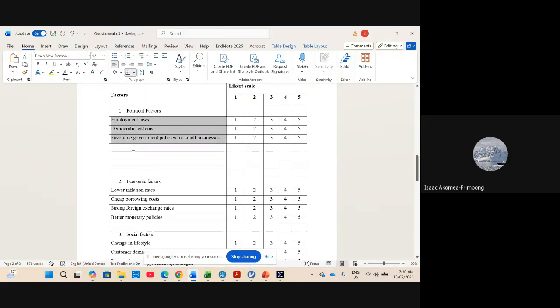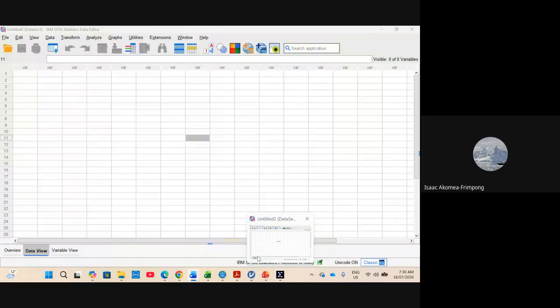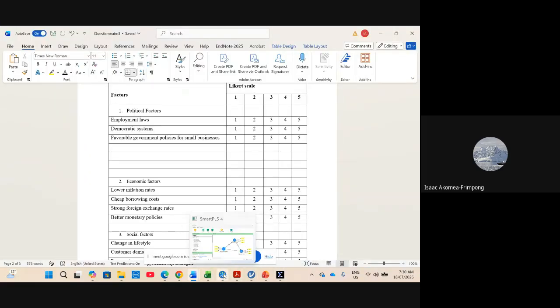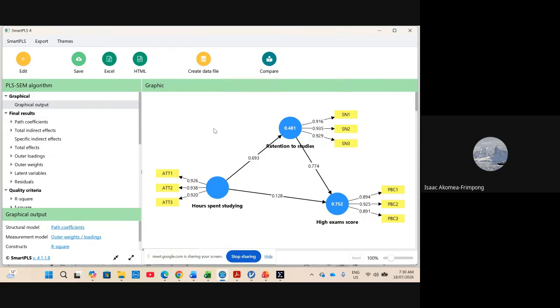They are not enough. You have to add more. Make it minimum 5, 6, 7, 8. Why? Because it's possible you will end up removing many of the indicators.